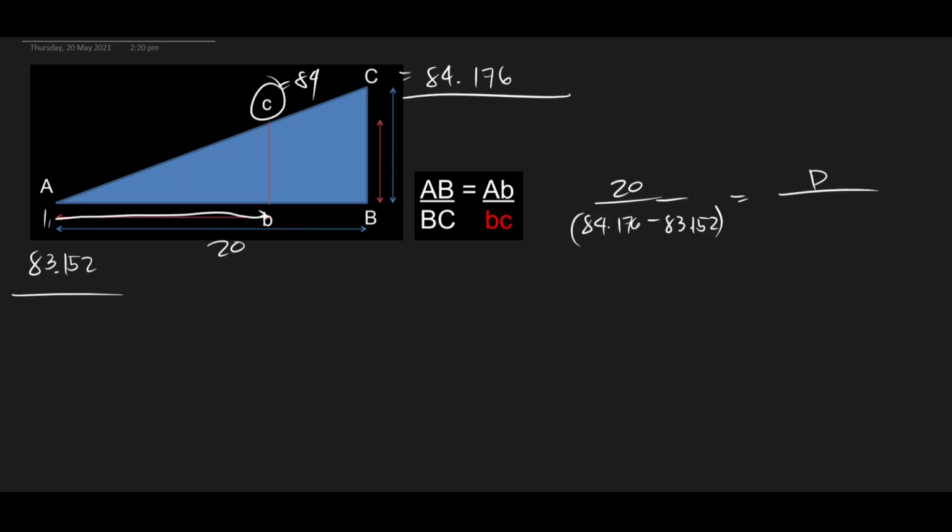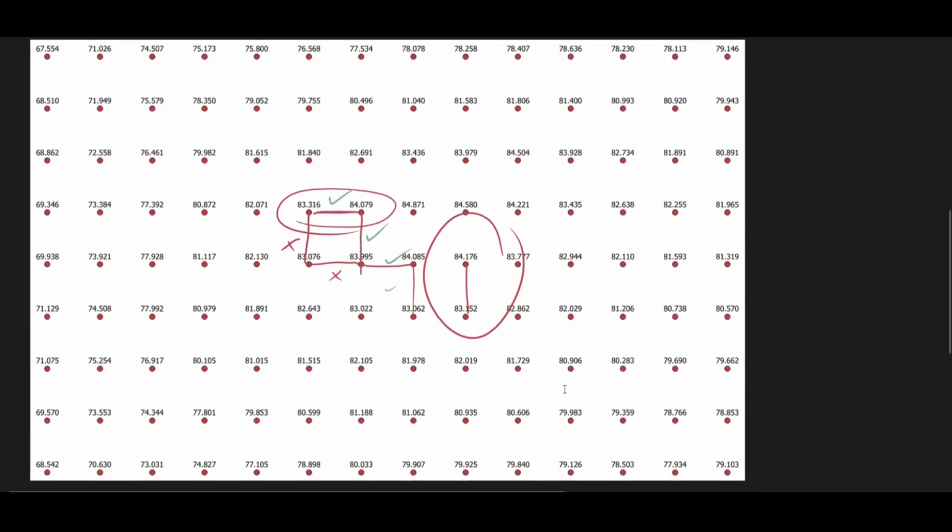Let's just write D as a variable for that, over 84, our target, minus 83.152. So if we calculate that, we will find out that D is 16.5625. So now we have our distance right here.